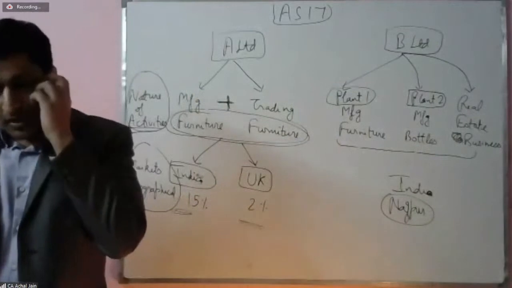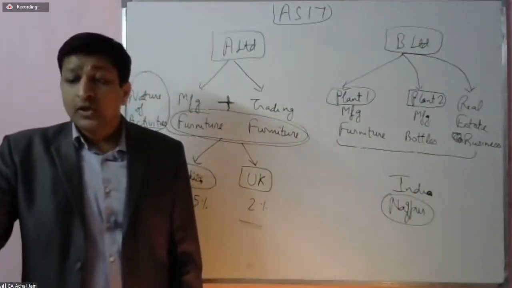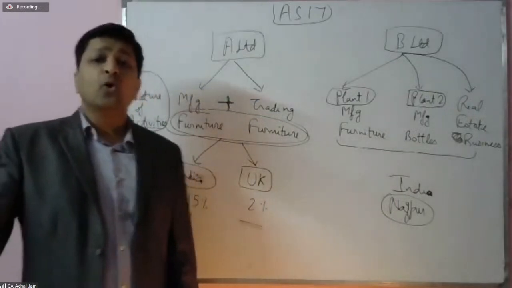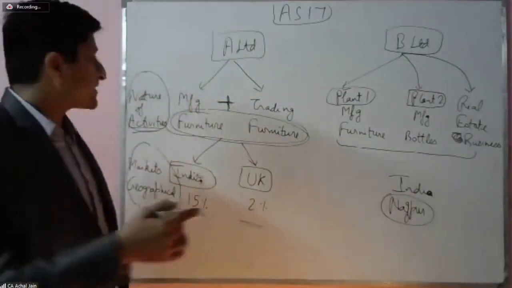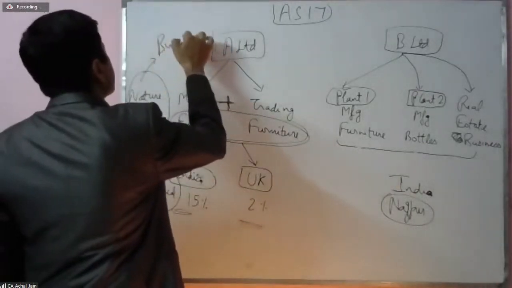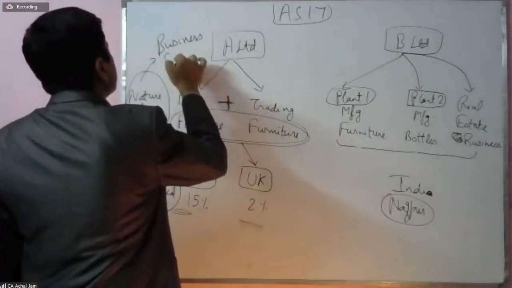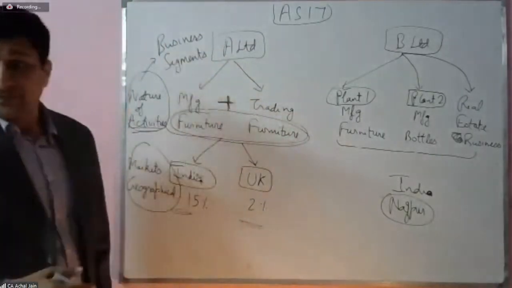Okay. So now, this is about the segment. So the segment which we prepare on the basis of nature of activities, products, services, etc. are called as business segments. These segments are called as business segments.